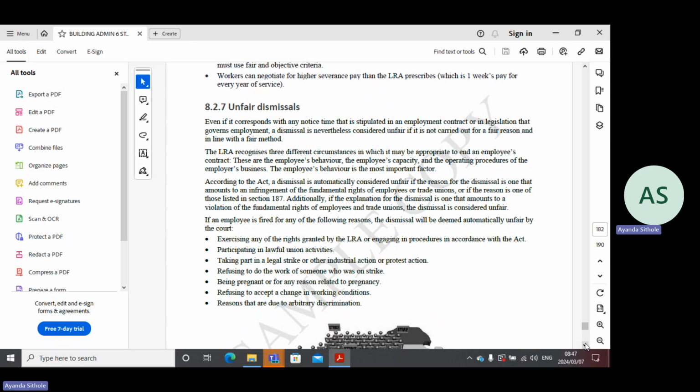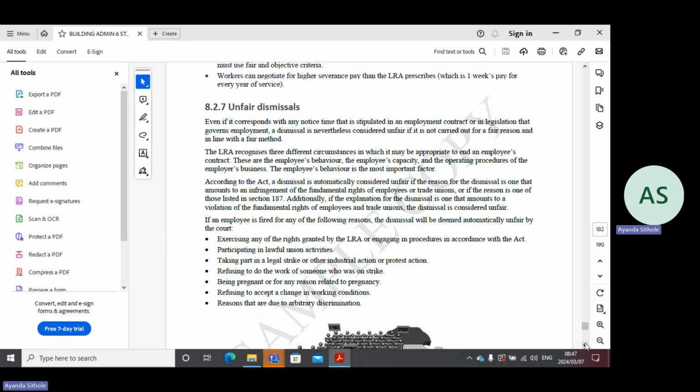Okay, so if the employee is fired for any of the following reasons, the dismissal will be deemed automatically unfair by the court. Exercising any of the rights granted by the LRA or engaging the procedures in accordance with the Act. Participating in lawful union activities, taking part in a legal strike or other industrial action or protest action.